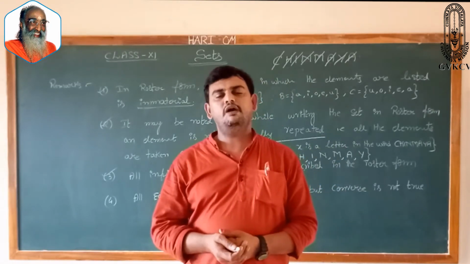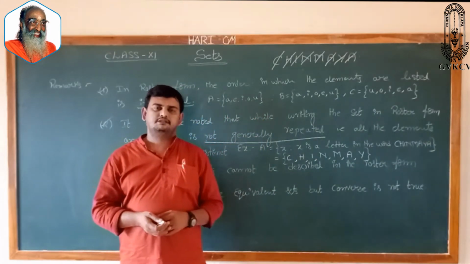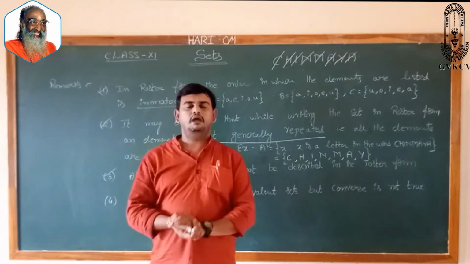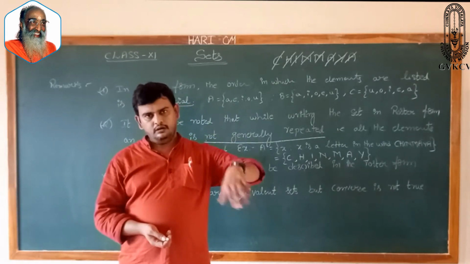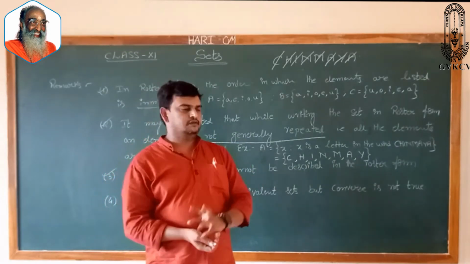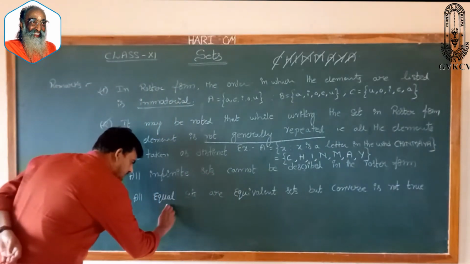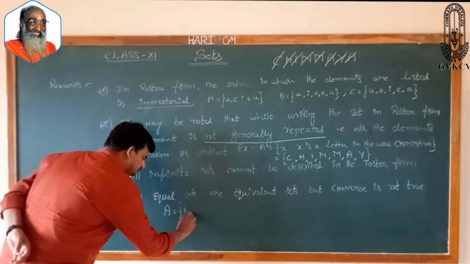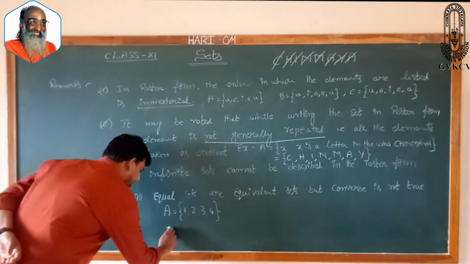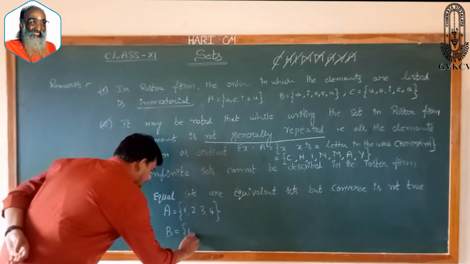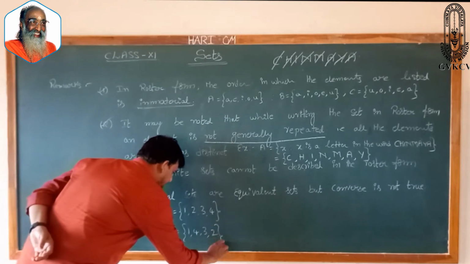Equivalent sets mean what I said? Same number of elements but not the same elements. For example, to understand that point, I have given set A as 1, 2, 3, 4. Set B we have 1, 4, 3, 2.